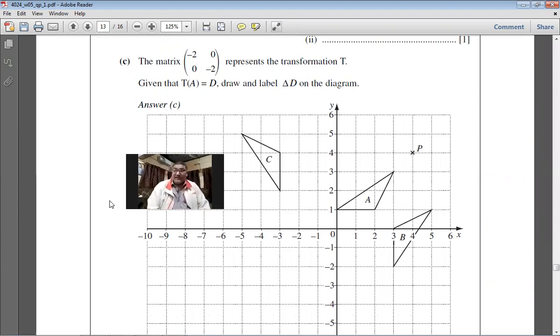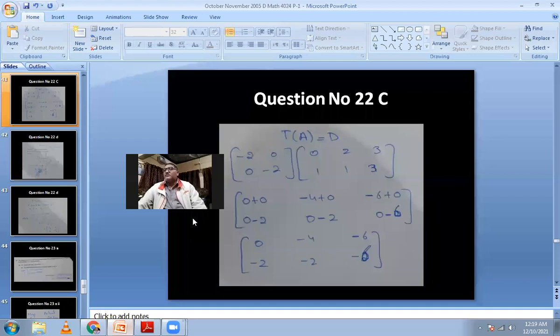First of all, take the coordinates of the figure A. So for example, this point, its coordinates are 0, 1. This point, it's 2, 1. And this point, it is 3, 3. So I will write them in the form of a matrix, and let me show you how this is done.